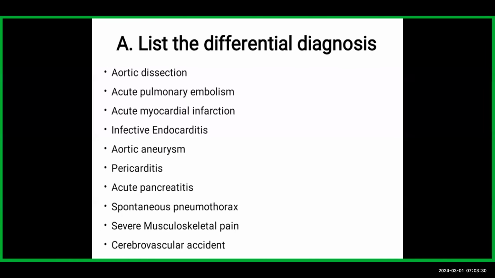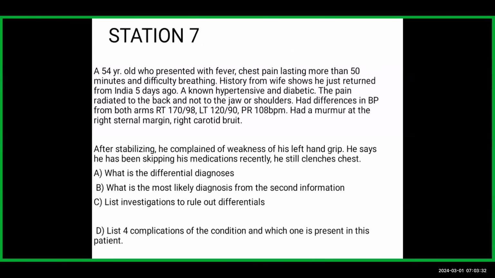Also, look at the examination findings. There were differences in the blood pressure between the right and the left, the systolic difference being more than 20 millimeters of mercury, and there was a significant risk factor, the patient being hypertensive.